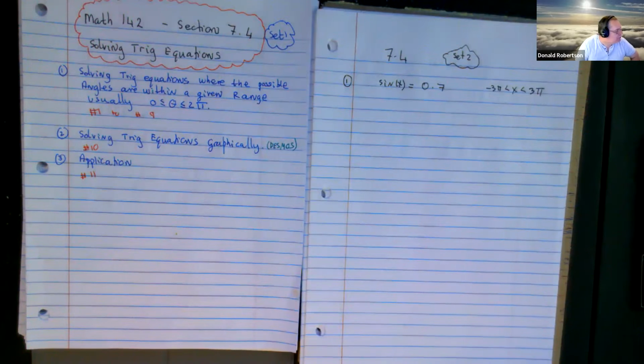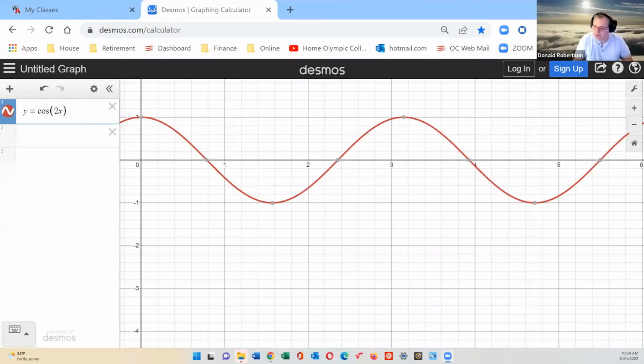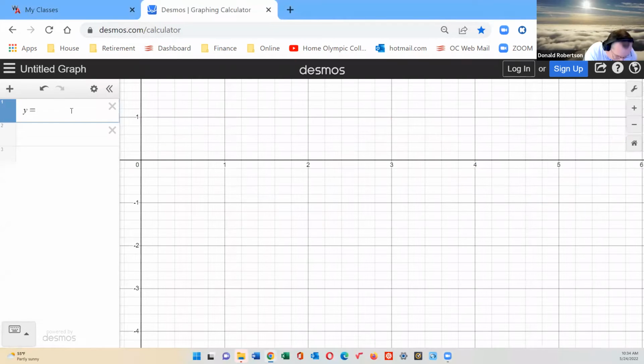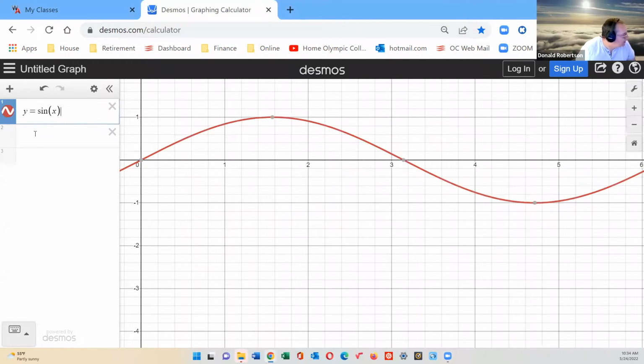So where's Desmos? I've lost my Desmos. Come on, Desmos, where are you hiding? Gotcha. Okay. So the answers are not going to be nice numbers, and that's okay. I think that the answers are to 3 decimal places, right? So you go over here and you put in sin x, and then you go here and you put what you want it to be equal to.